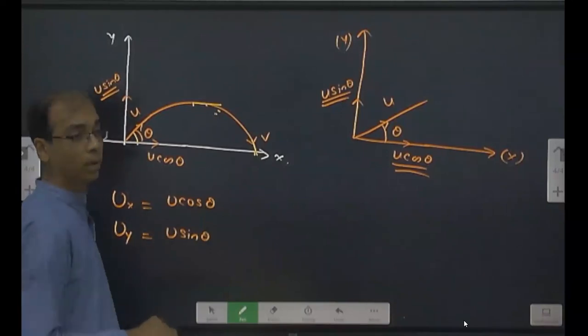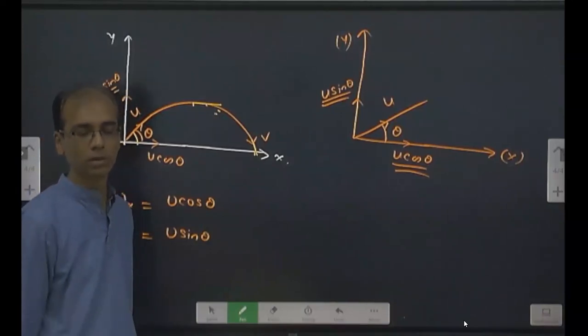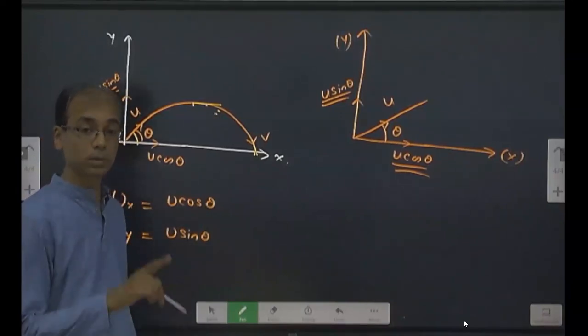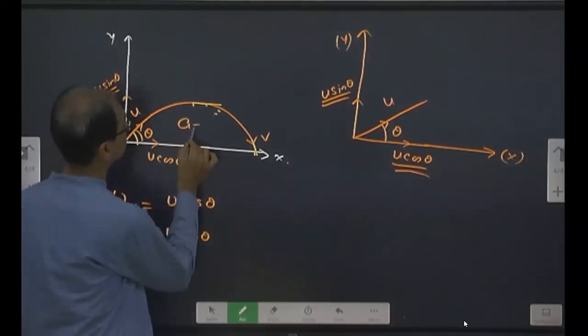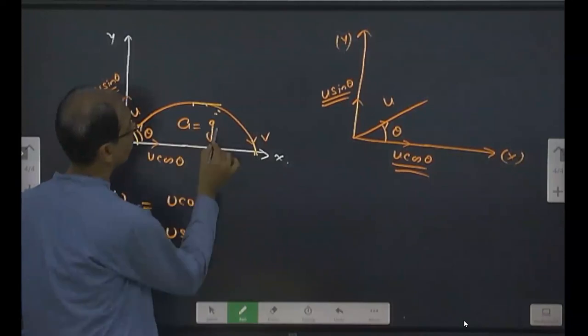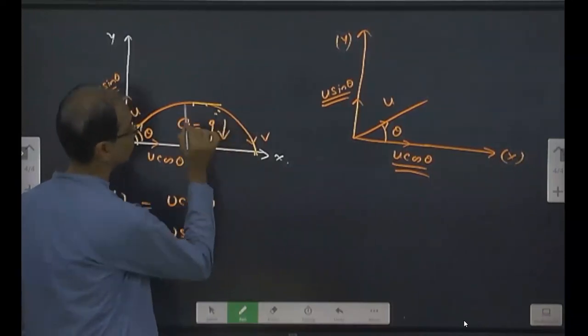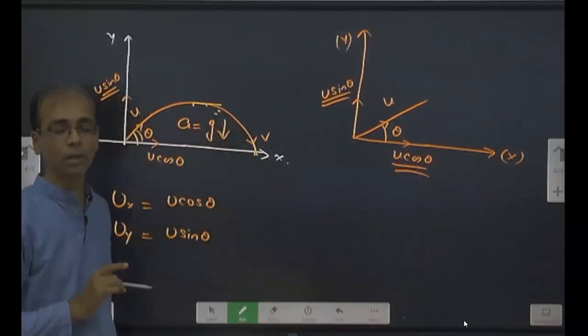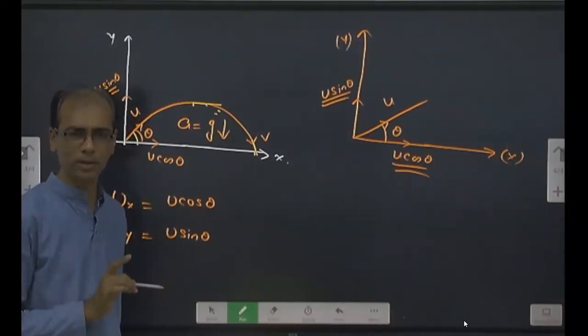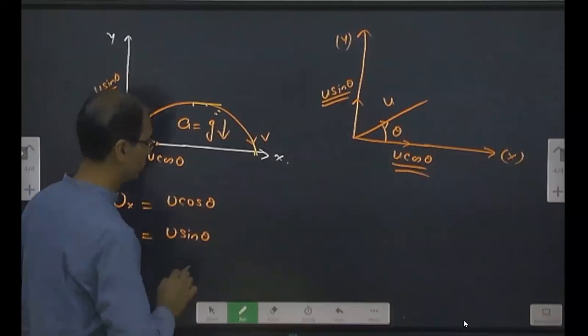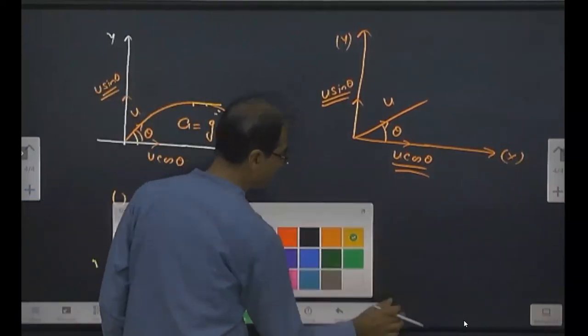Now acceleration is in which direction? Vertical or horizontal? Vertical only. Acceleration is only along vertical and it's acting downwards. So along horizontal, no force is there, no acceleration.